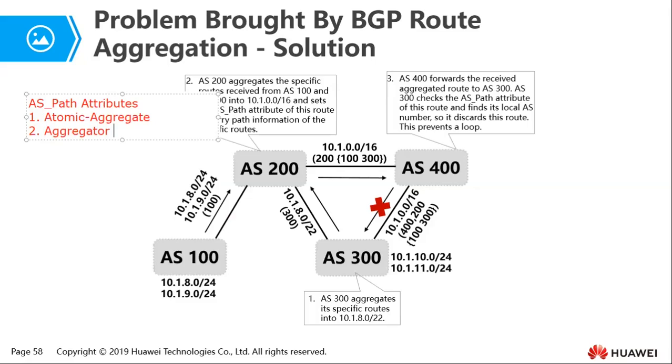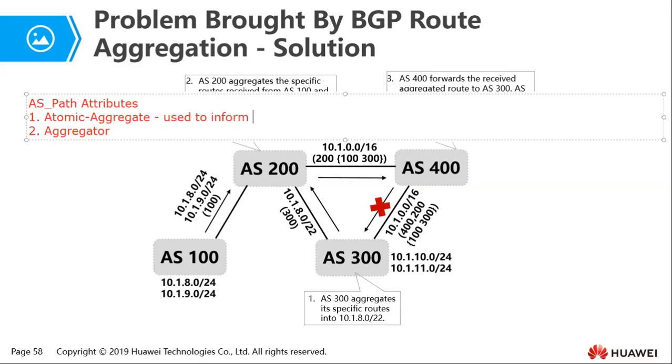Really, an update message that carries the atomic aggregate attribute informs its neighbors that the path information, only AS path by the way, has been lost. So that's the purpose of the atomic aggregate.